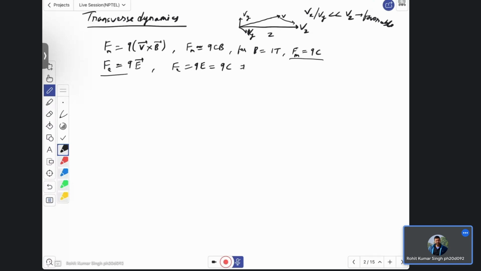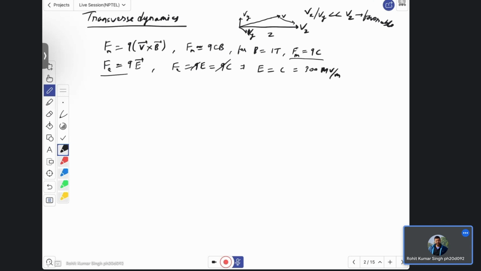Q gets cancelled, and E equals C, and you know that C is 3 times 10 to the power 8. When you convert it, it is 300 million volts per meter.